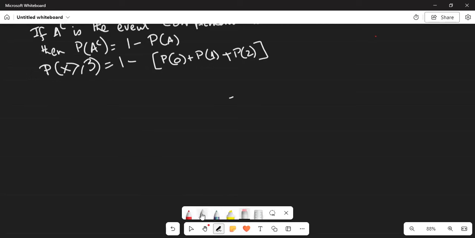The probability of R events happening out of N events in a binomial situation is given by N C R, where N is the total number of sample size, multiplied by the probability of success raised to the power of R, multiplied by 1 minus P, the probability of failure, raised to the power of N minus R.